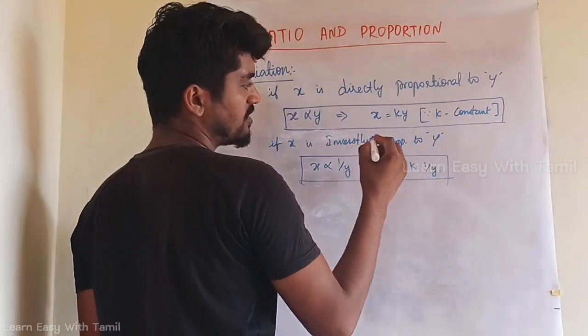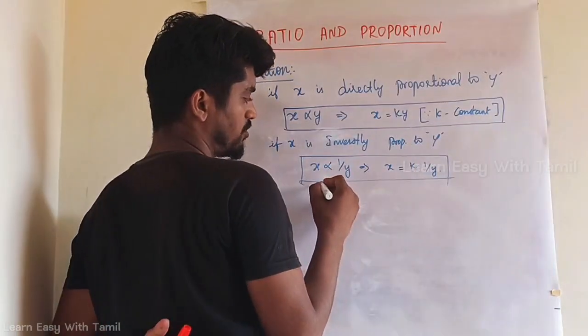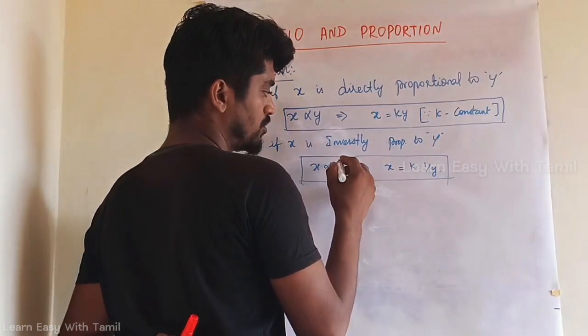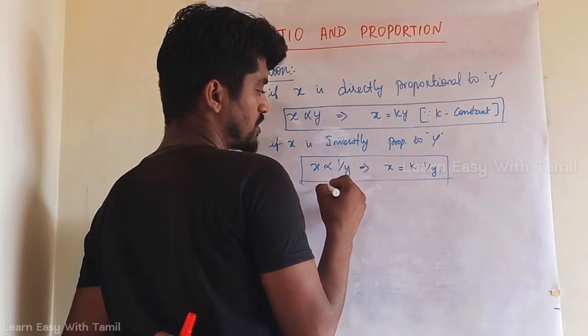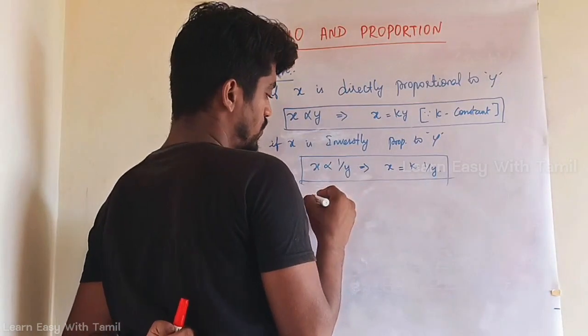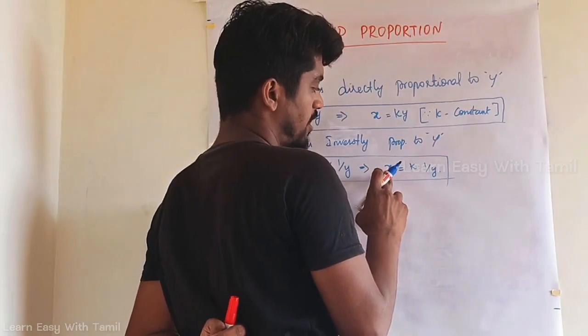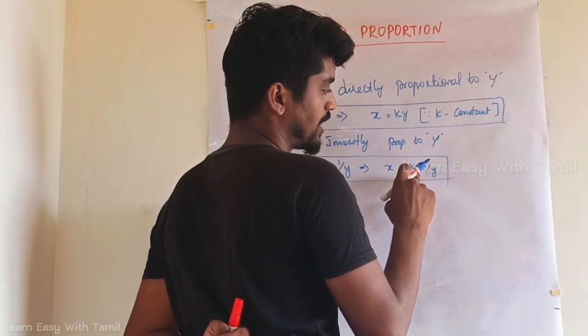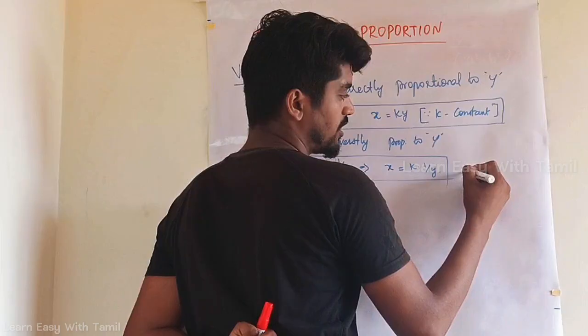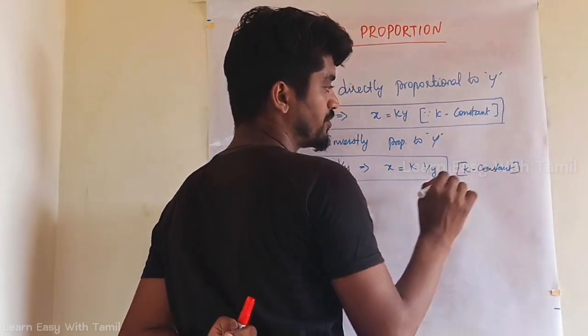Also, if X is inversely proportional to Y, we have to write X directly proportional to 1 by Y, which is the inverse of that Y value. So X is inversely proportional to Y. We have to write X is equal to K into 1 by Y. Here K is also some constant value.